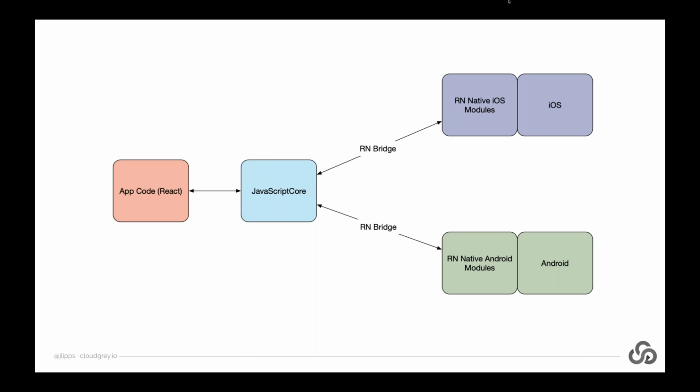So in an ideal world, all we're responsible for is actually that kind of reddish-orange bit at the far left that says app code. That's what we're responsible for writing and maintaining, and that code, ideally doesn't reference anything like a UI button on iOS or an android.widget.EditText on Android. It abstracts away all of those native UI concepts.